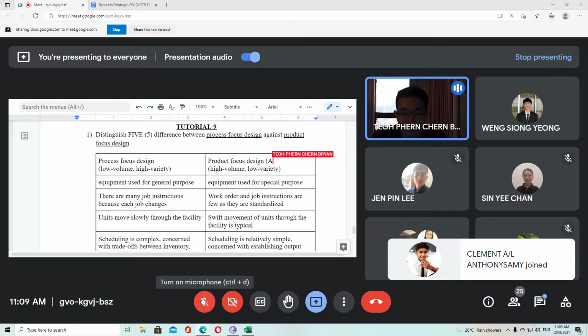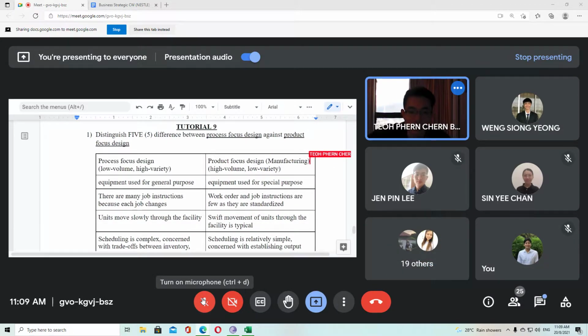Most manufacturing companies are product focused. Process focus can be your cake shop. Anything that has, alright, we look at the characteristics. It's very obvious for manufacturing that when you produce something, you produce in a high volume. For example, Apple phones.